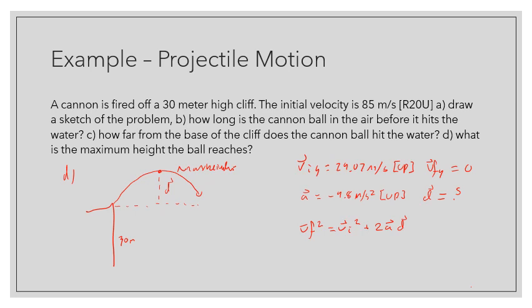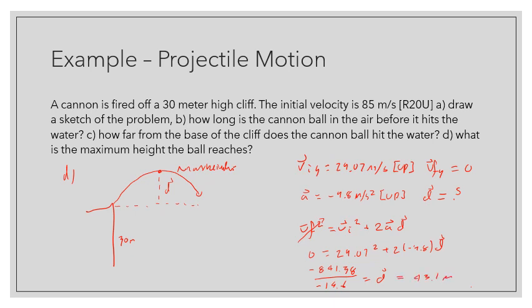We can set v_f to 0. So 0 is equal to 29.07 squared plus 2 times negative 9.8 times displacement. If we isolate for d, we find that negative 841.58 over negative 19.6 is equal to displacement, and that's equal to 43.1 meters.